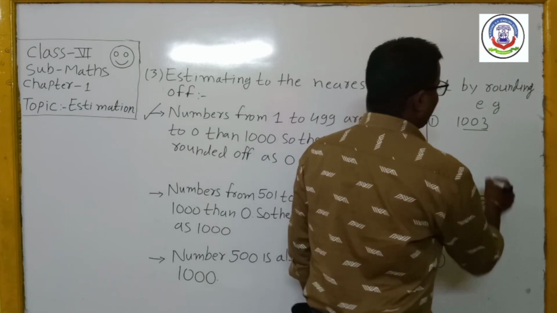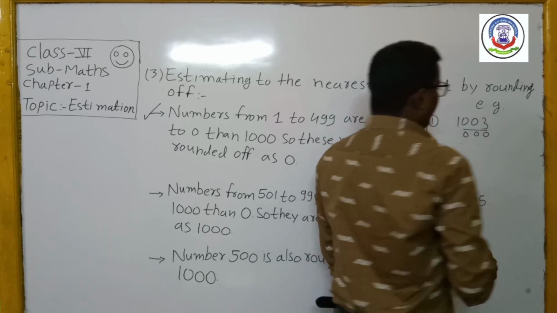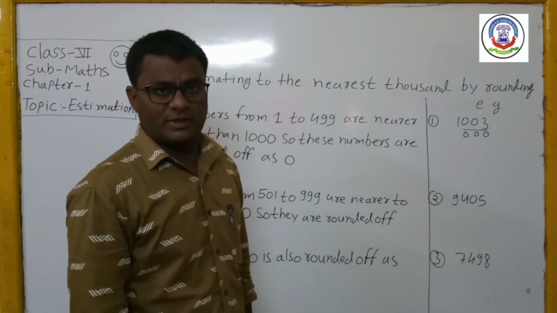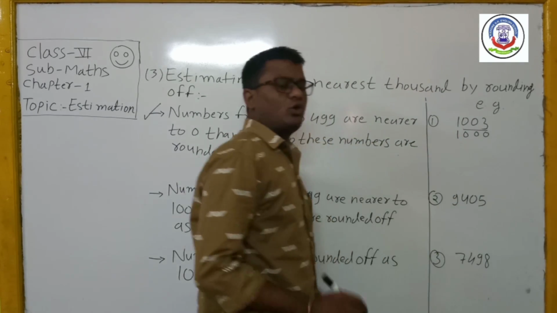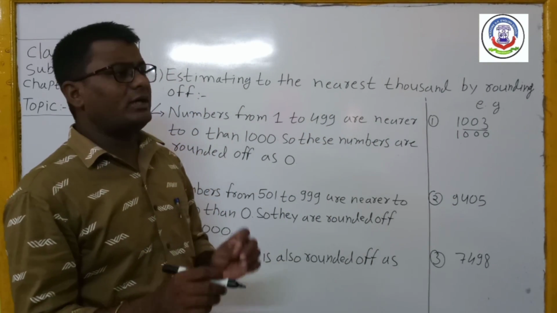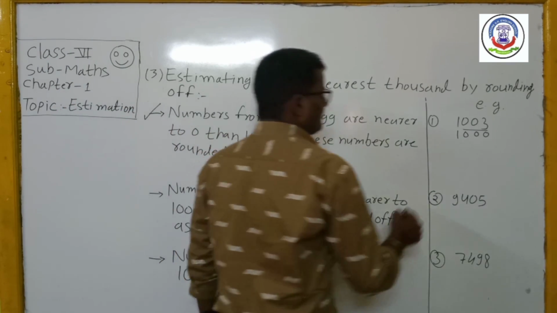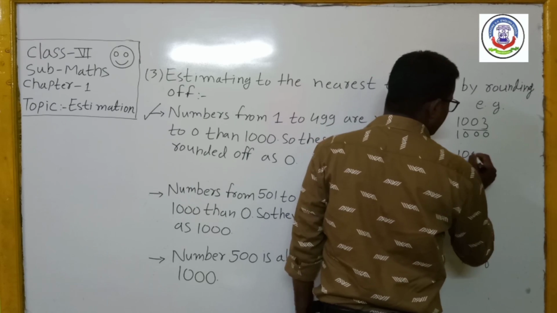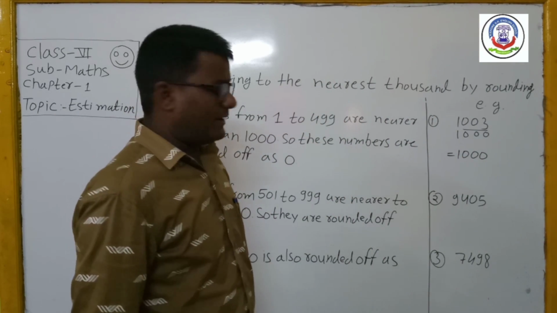I will write 0 0 0 below these numbers, and write 1 as it is. So the required rounded off number to the nearest 1000 is 1000.